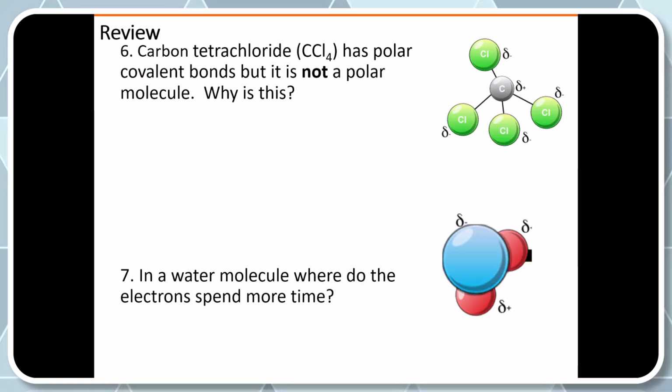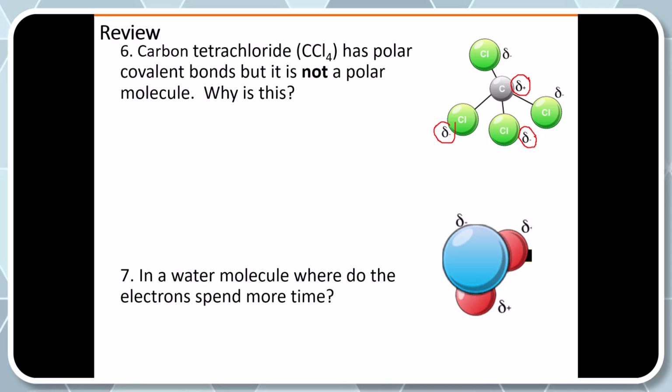So number 6 says carbon tetrachloride has polar covalent bonds, but it's not a polar molecule. Why is this? So if we look at this carbon tetrachloride, the carbon has a partially positive charge, and all the chlorines have a slightly negative charge or partially negative charge. But the slightly positive carbon is in the middle, and it's surrounded by all of these chlorines here.